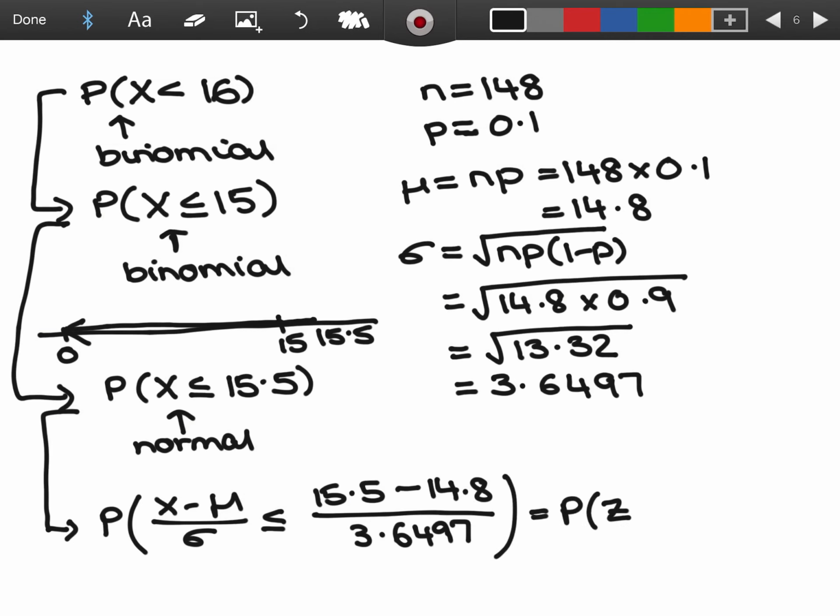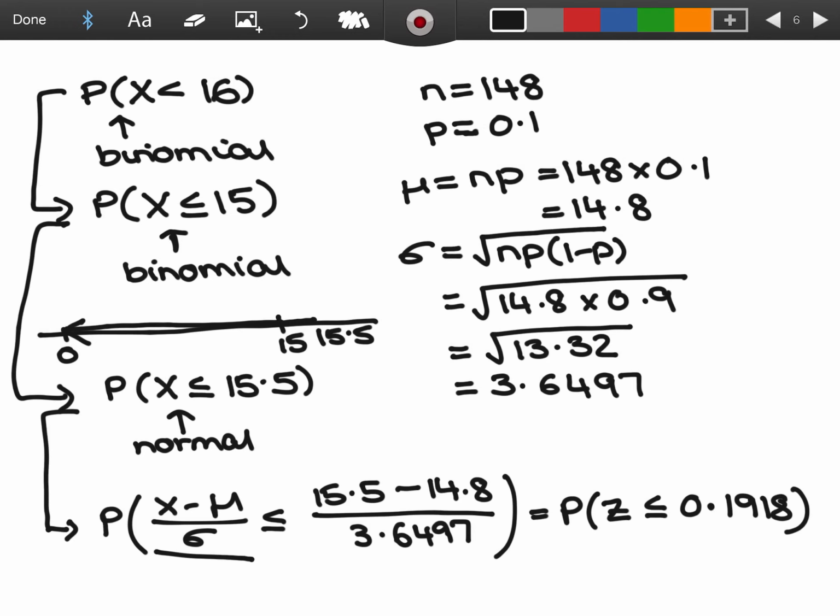This is equal to the probability that z, since we've done a z transformation, is less than or equal to 0.1918.